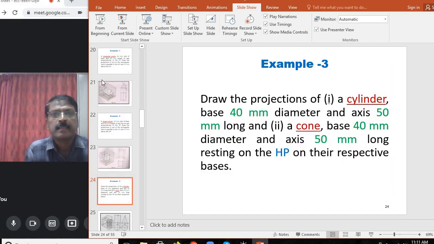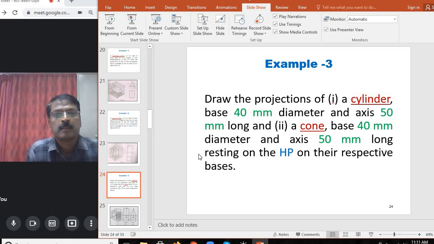Let us consider another example. Draw the projections of a cylinder of base 40 mm diameter and axis 50 mm long, and another problem, a cone of base 40 mm diameter and axis 50 mm long, resting on the horizontal plane on their respective bases.